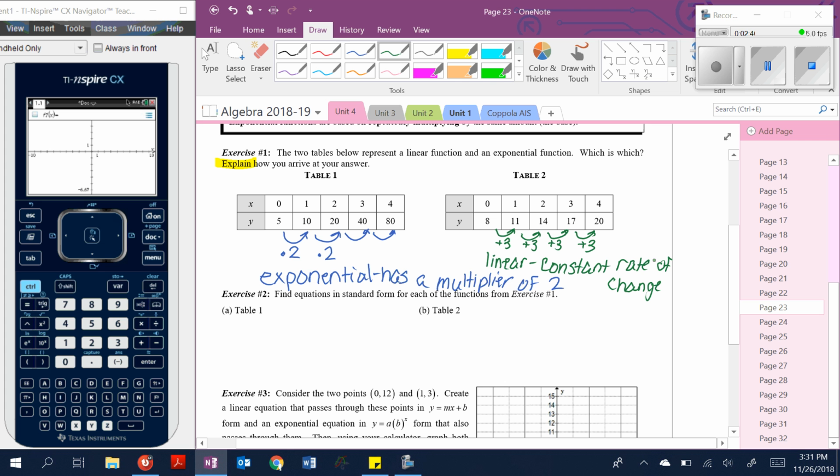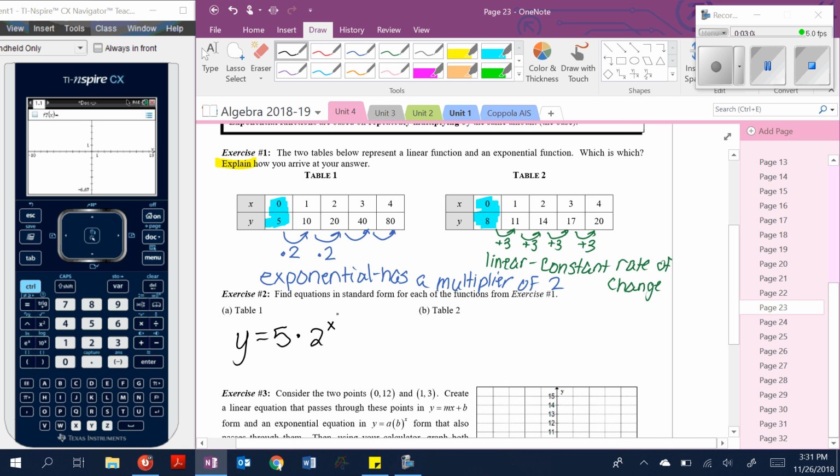Okay, moving on. So find equations in standard form for each of the two functions. All right, well, I like this. I can do this. We have a starting point for each of my functions. So table 1 is going to be y equals, well, the y starts at 5, and then every single time it's multiplied by 2 over and over and over again.